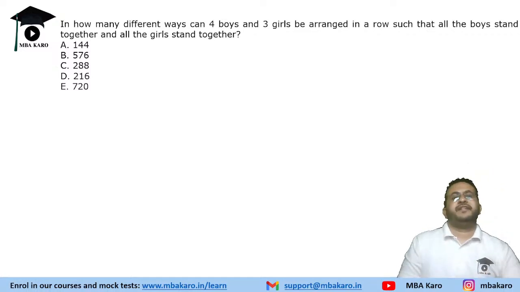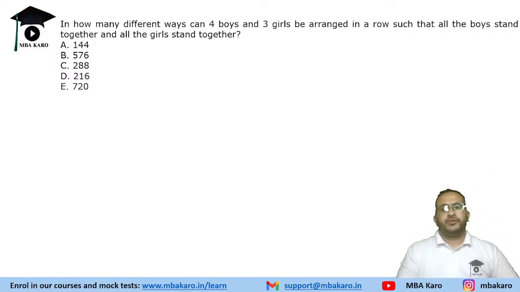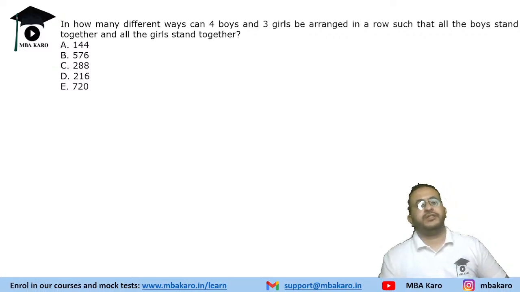In how many different ways can 4 boys and 3 girls be arranged in a row such that all the boys stand together or the girls stand together?